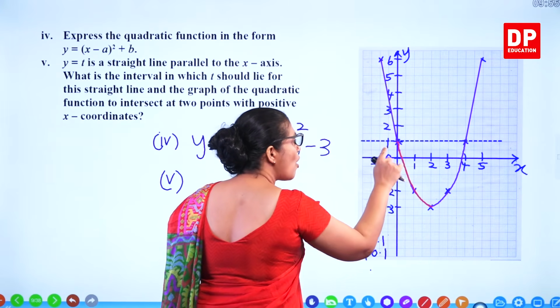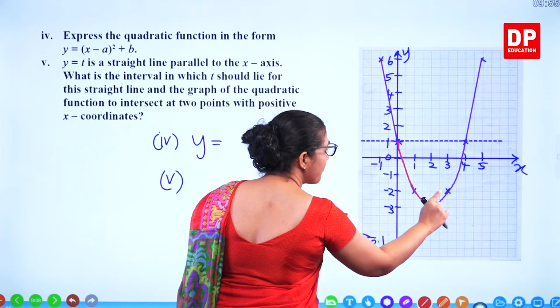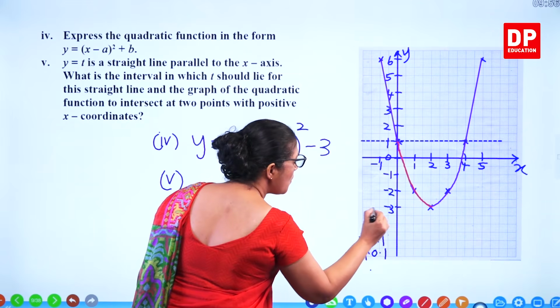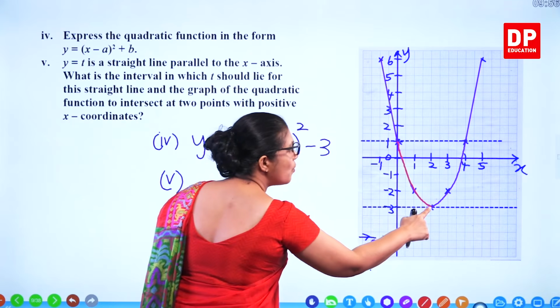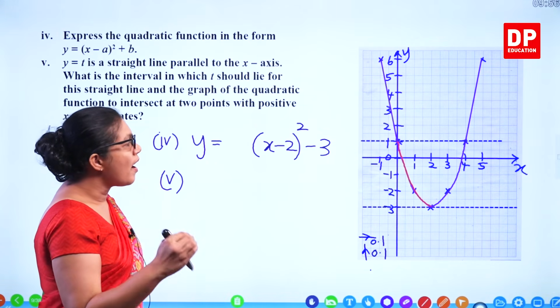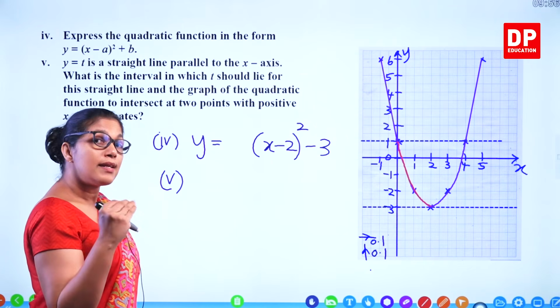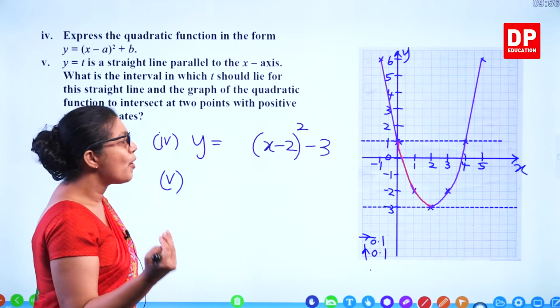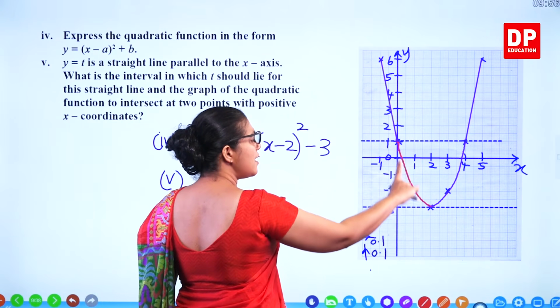When you go down, we can see you get 2 intersecting points. But what happens when you come to this position? You get only 1 intersecting point. So where you get 2 intersecting points and the 2 points should be positive numbers.